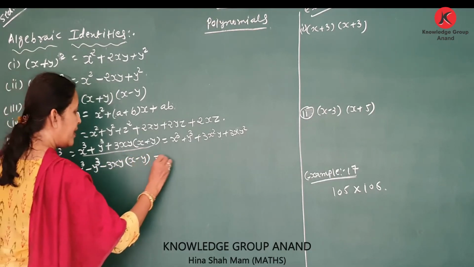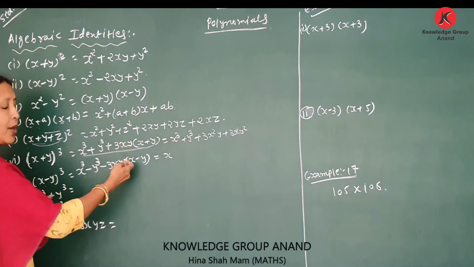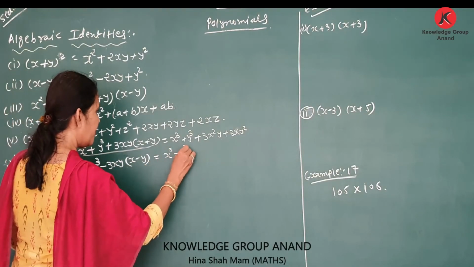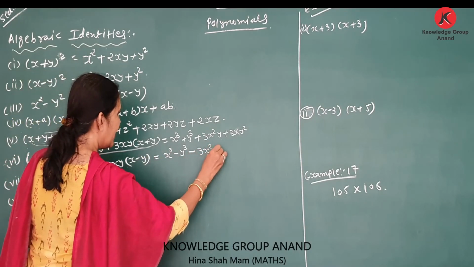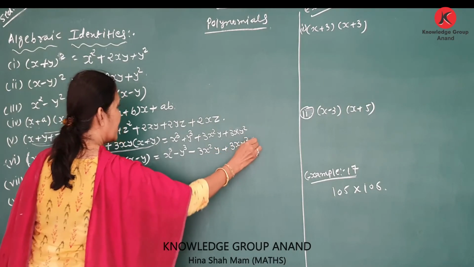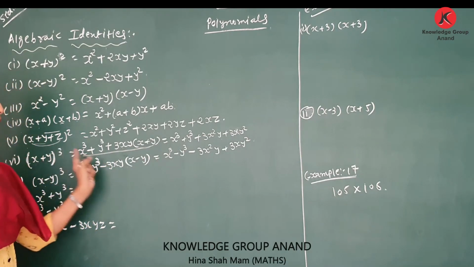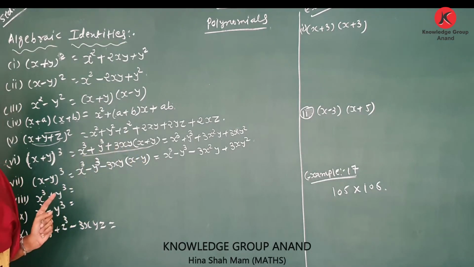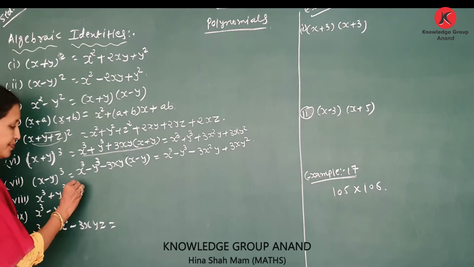Here we write, suppose we write, then you remember this and apply this formula, it is correct. x cube minus y cube minus 3xy into x: 3x square y minus, minus plus 3xy square. Here plus, then we put plus sign, minus, then we put minus. x cube plus y cube.